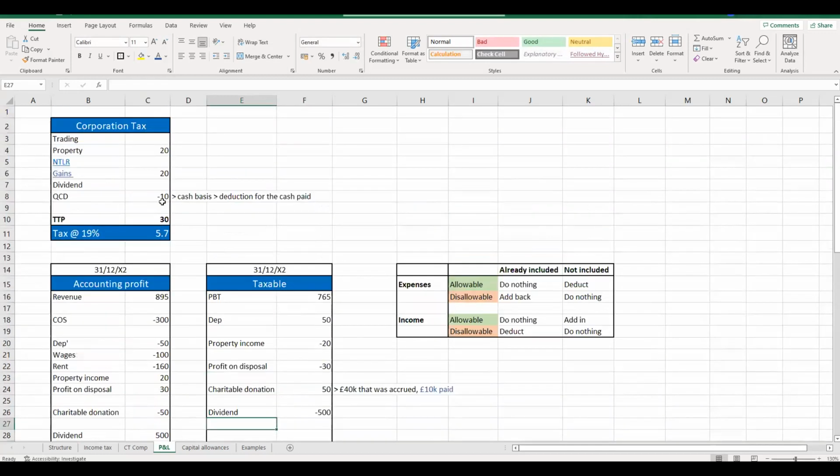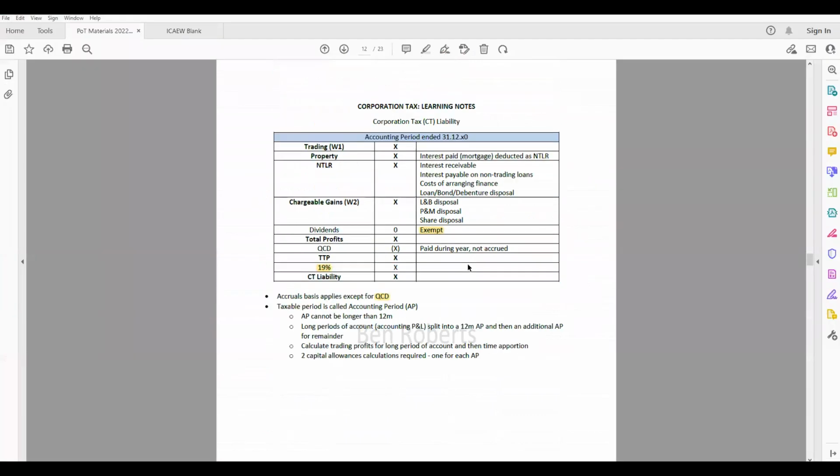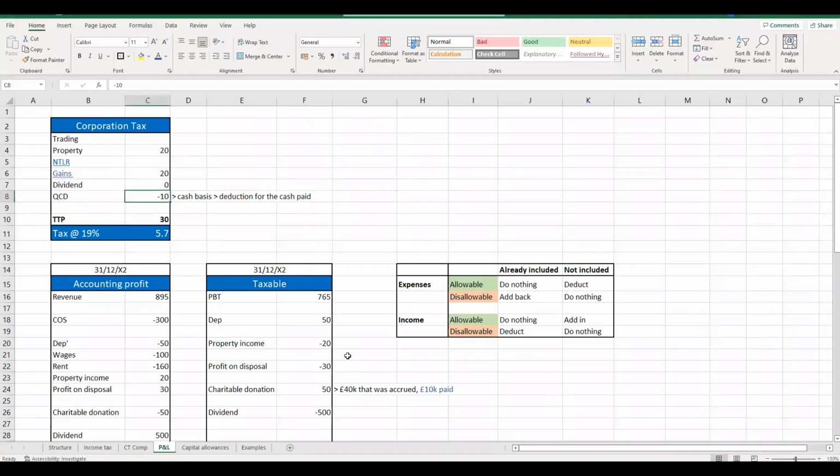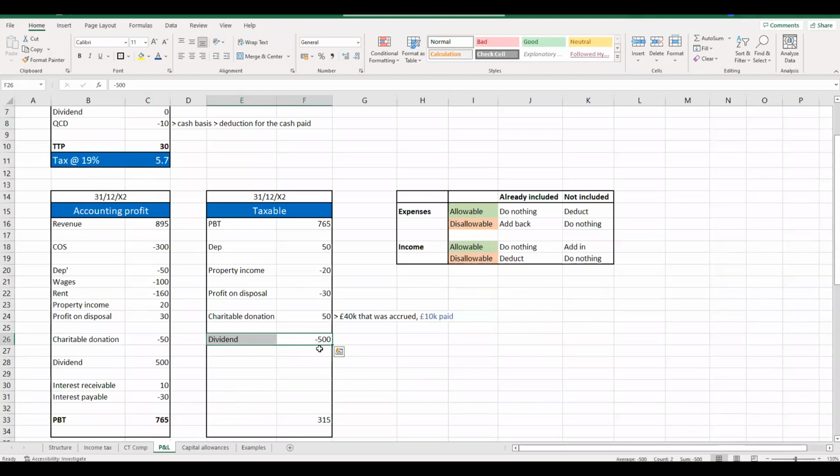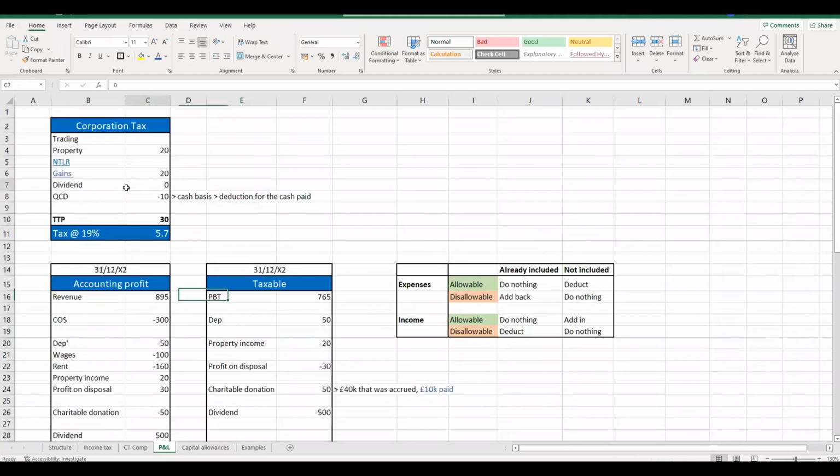And really importantly though, we're going to put a zero, because dividend income is exempt from corporation tax, as we've seen before. That's a really important rule, and hopefully if you learn and remember that rule, that will allow you to score a couple of easy half marks on exam day, because you're going to be removing the dividend income from your taxable trading profit working, and then putting a zero up in your corporation tax pro forma.